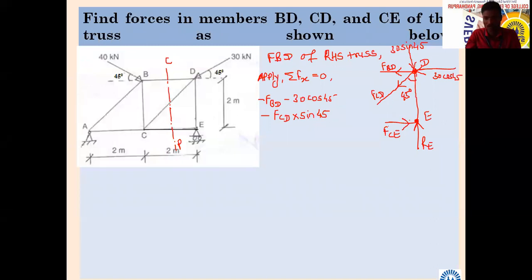Then anything else, just check. What about FCE? Plus cos 45 FCE. आता कॉस प्लस FCE इक्वल टू 0. Just check. Can we find anything from this? What is the value of 30 cos 45?